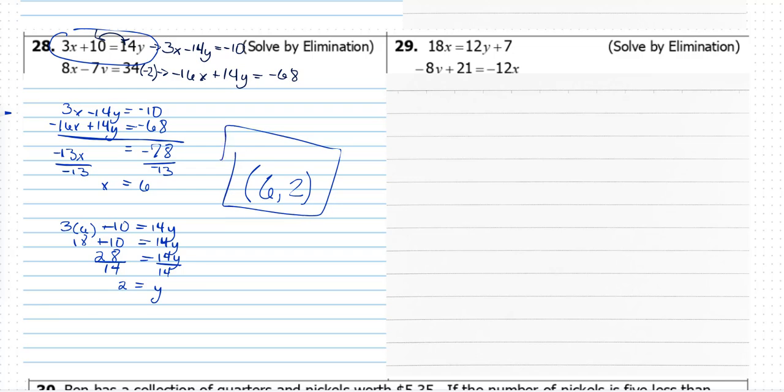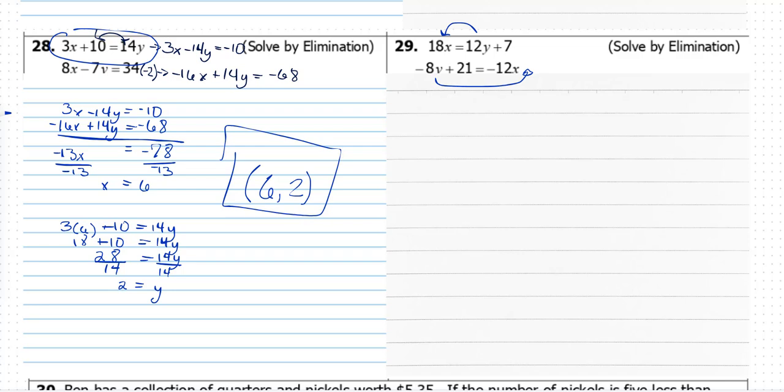So let's take the second equation, number 29. We see that we don't have x and y on the same side. So we need to get the y's over to the other side on the top equation, and I need to get the y over to this side in this equation.